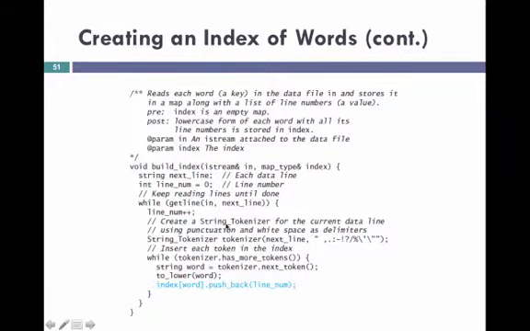Then we create a string tokenizer for the current data line using punctuation and white spaces as the delimiters. And then every time we extract a token, we can use the subscripting operator to insert the line number to be associated with each word as the key. So a given key can have one or more line numbers associated with it.